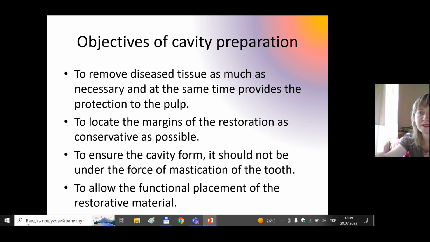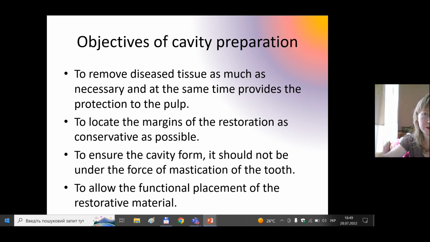And it means that the cavity should be designed in such a way that as much as possible healthy, vital tissues should be preserved. Actually, it is prohibited even due to this principle to cut excessive amounts of dentine.